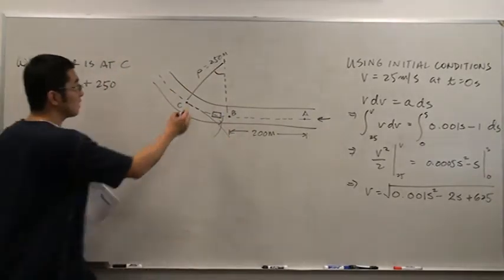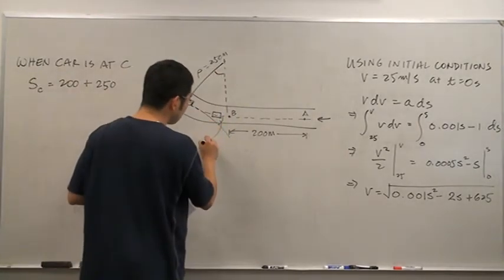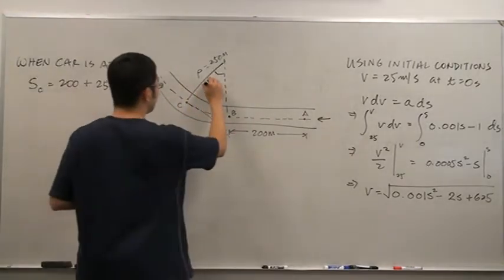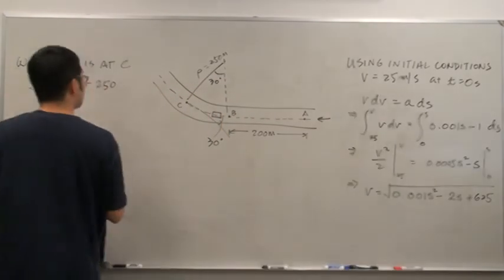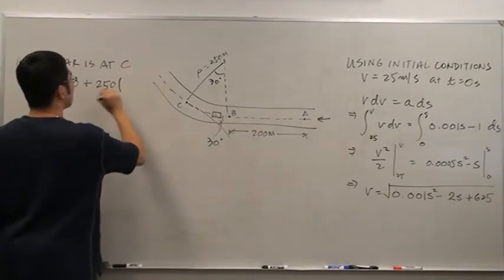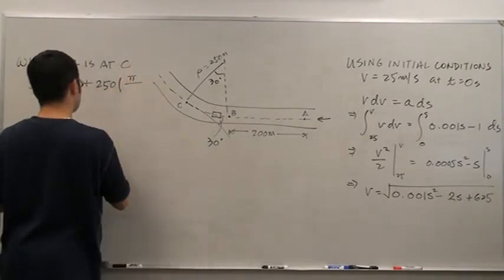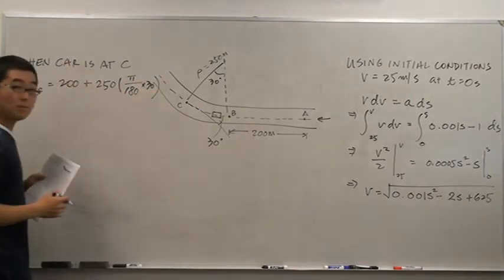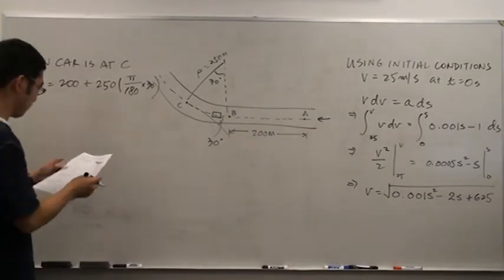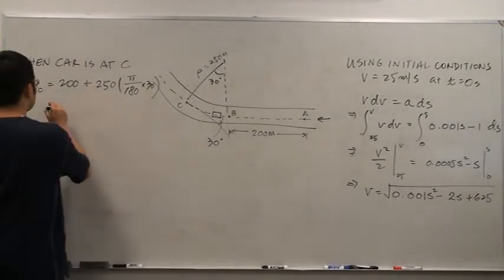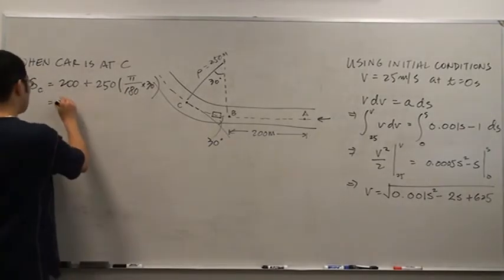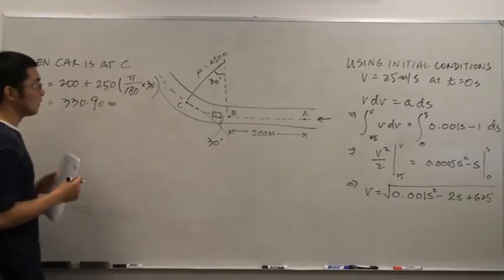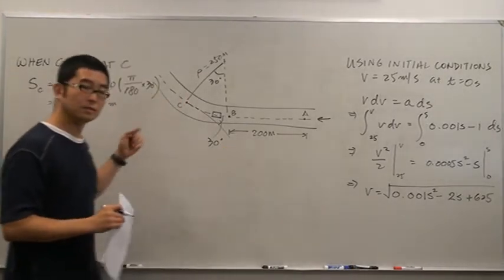And it turns out that this angle is actually equal to this angle, which is 30 degrees, because it's part of the trigonometry. So this angle is also 30 degrees. And as you remember, 30 degrees is equal to what? Pi over 180 multiplied by 30. And so it's pi over 6. And what you get here is 330.90 meters. So that's the displacement from A to C.